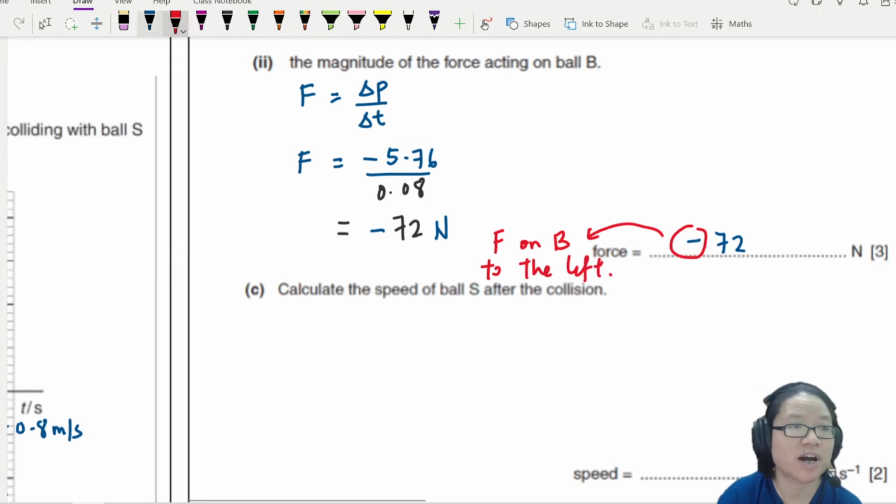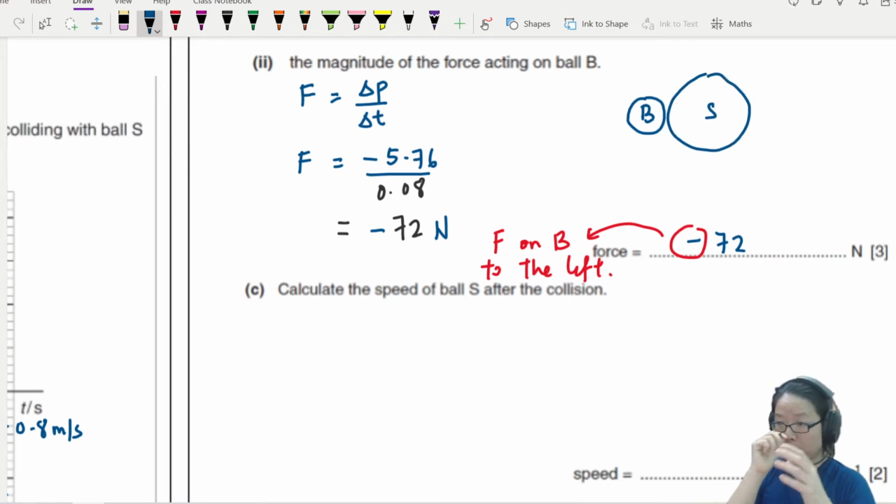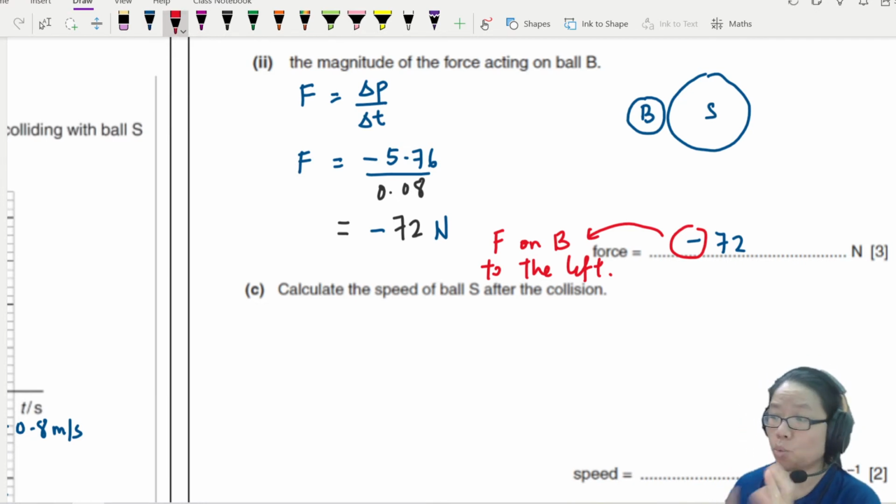Let us verify by drawing the balls again. You have B like this, and you have S like this during collision. During collision, I know they will distort, but I didn't draw that, so it's okay. S will push B, right? The force of S on B will be in this direction.